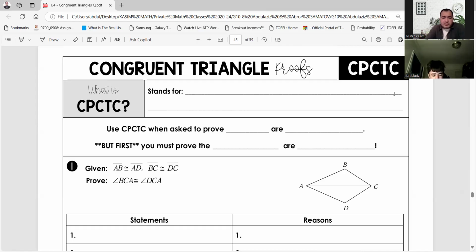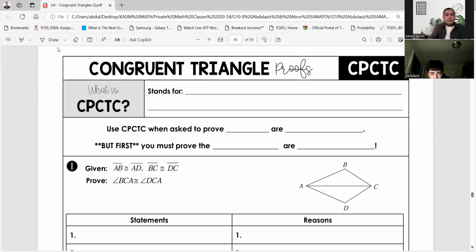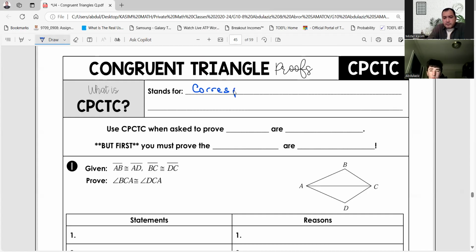So, what does CPCTC stand for, Abdulaziz? Corresponding parts of congruent triangles are congruent. So that stands for corresponding parts of congruent triangles are congruent.